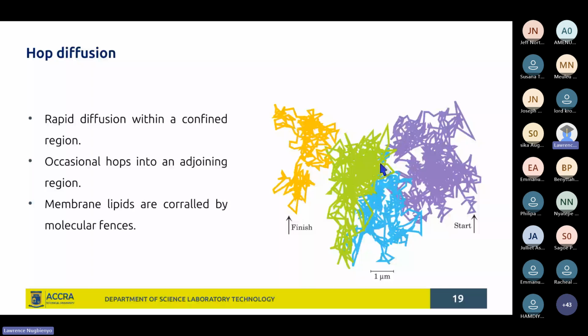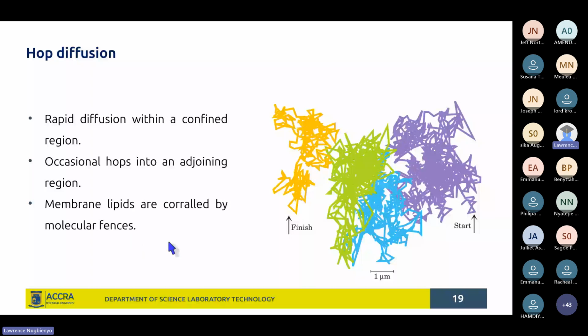And so the conclusion is that theoretically you have what is being referred to as molecular fences for these phospholipids that are moving. So that is what is being referred to as hop diffusion.